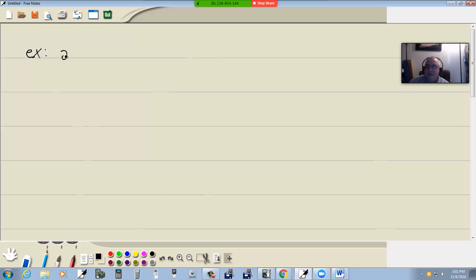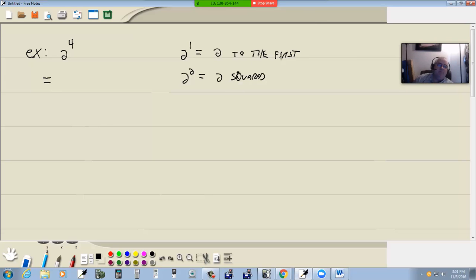Now let's take a look at 2 to the 4th power. First off, here we got 2 to the 1st. Now when you get the 2nd power, that's referred to as 2 squared.